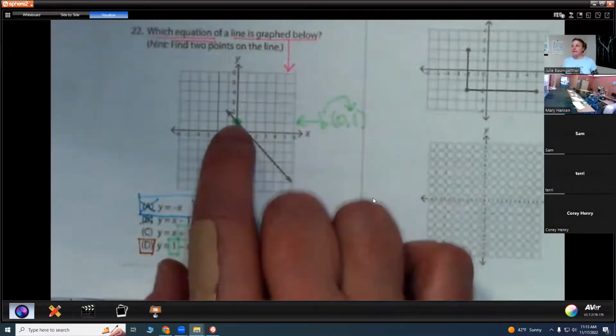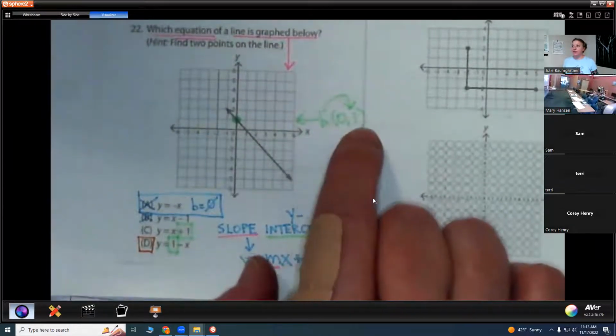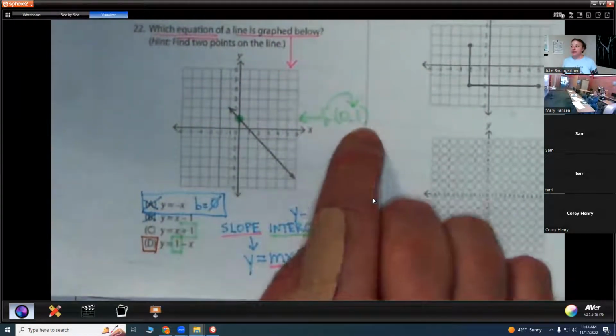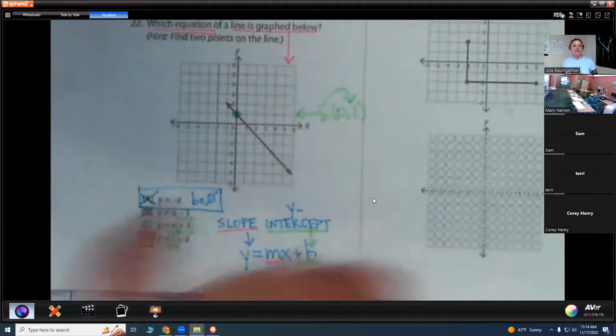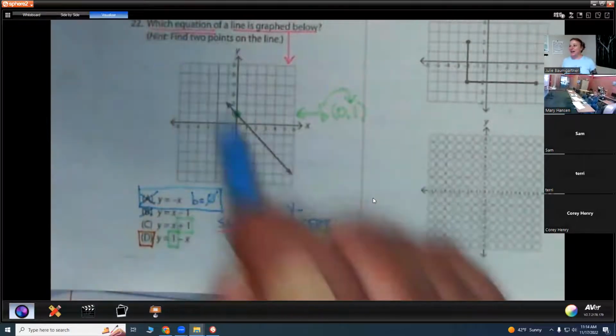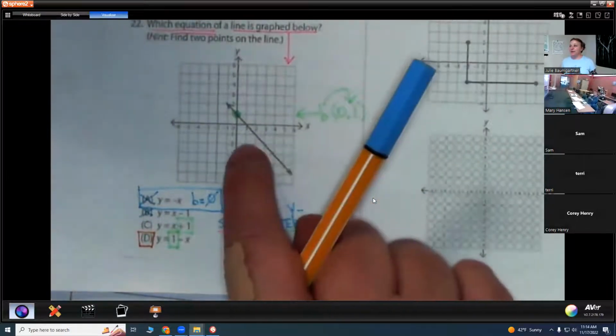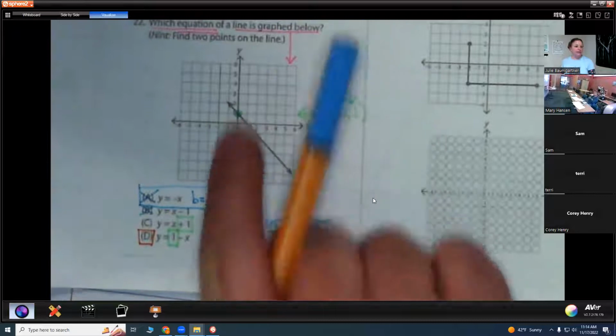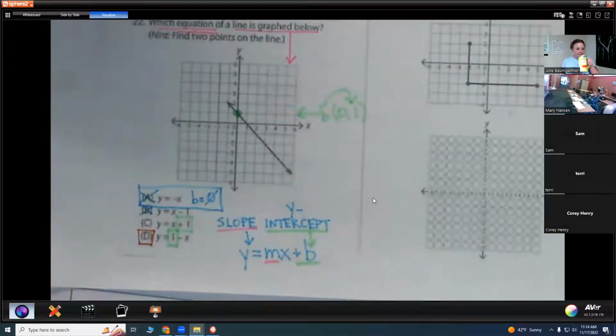Because I found this point on the line, 0, 1, I could plug in 0 for X and 1 for Y, and test all these answers out. You need to test 2 points, so I'd have to find another point, maybe this one here, that's +2, -1.